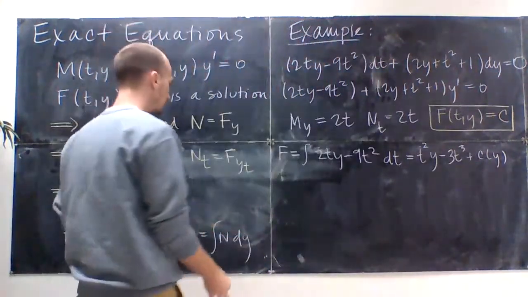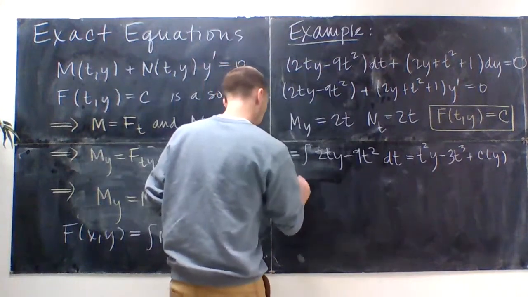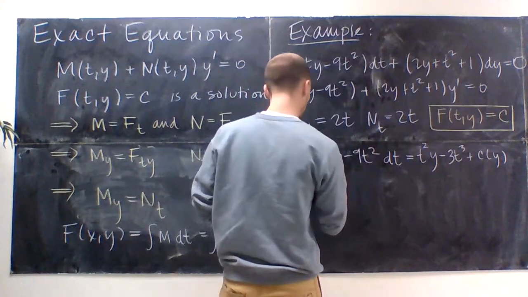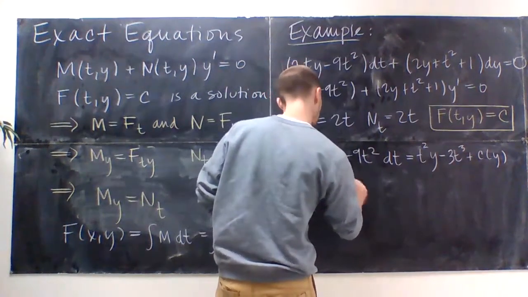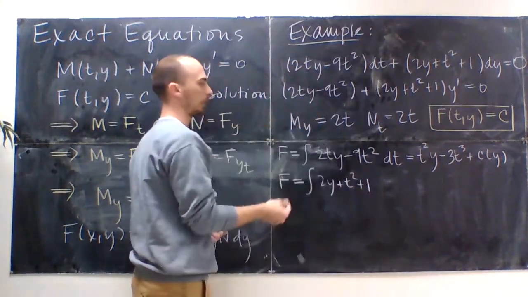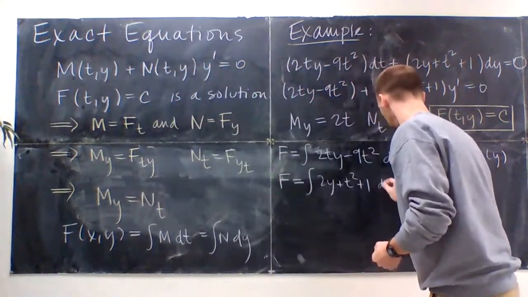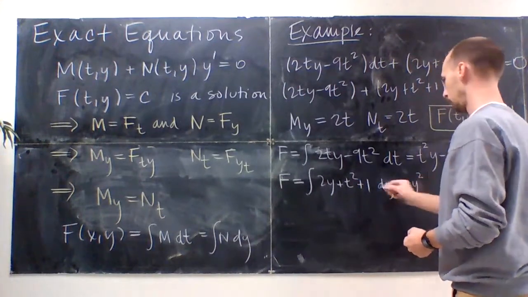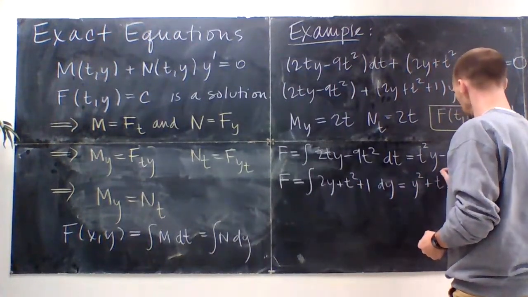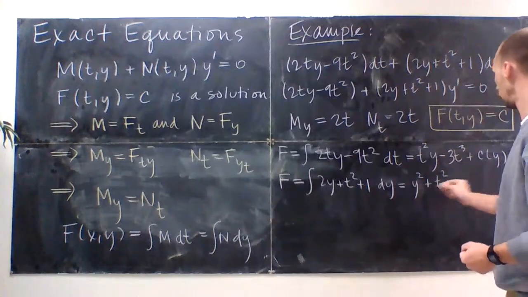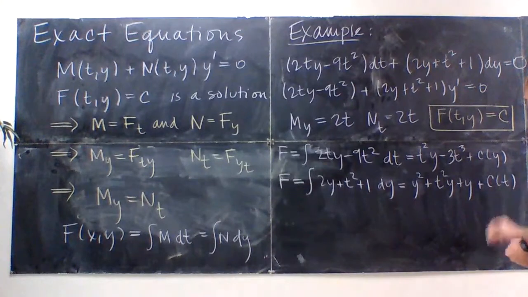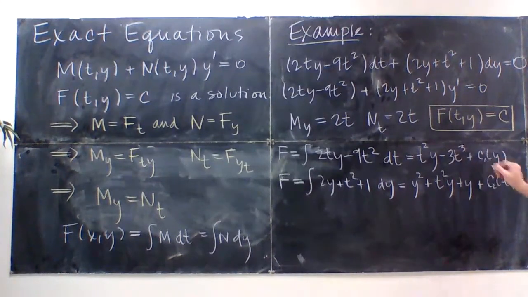You remember how this went. So f is also equal to the antiderivative of 2y plus t squared plus 1 with respect to y, which is going to be y squared plus t squared y plus another y, maybe plus some constant function of t. And maybe just to be extra clear, I'll call them C1 and C2 because they are potentially different.